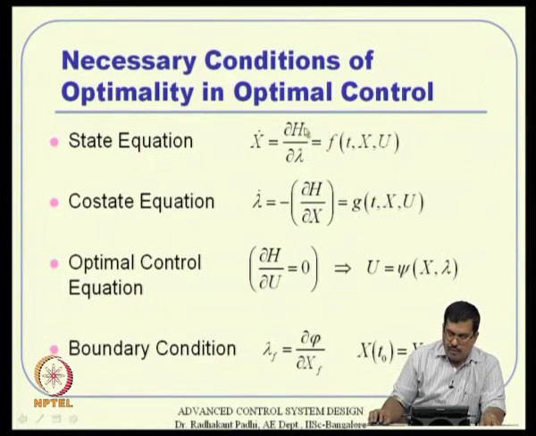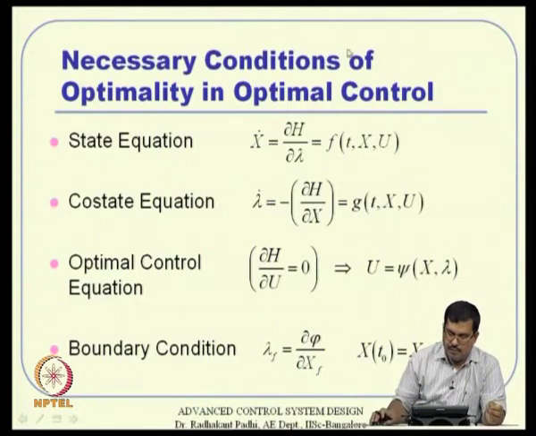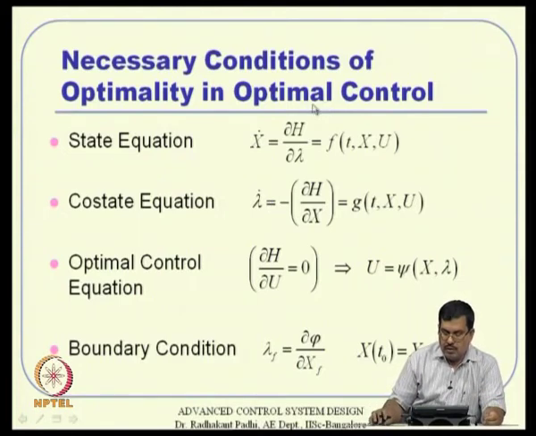But the main problem, the entire difficulty, comes from the fact that for the state equation the boundary condition is given at initial time, T0, whereas the boundary condition for the co-state is available only at final time. That means n boundary conditions are available at initial time, n boundary conditions are available at final time, and you have a 2n-dimensional differential equation.